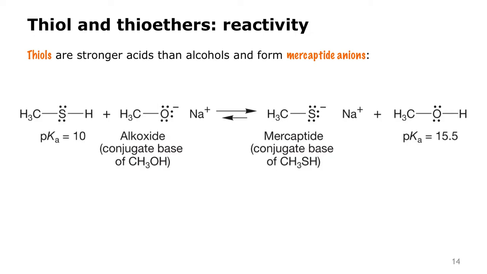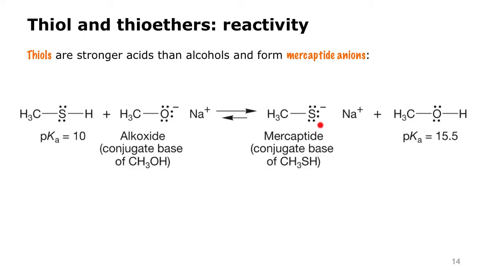Thiols are reactive in much the same way as alcohols, but they have lower pKa's. These are stronger acids. So for instance, a thiol will react with the conjugate base of an alcohol, that's an alkoxide, in an acid-base reaction that will essentially go to completion, producing a thiolate.